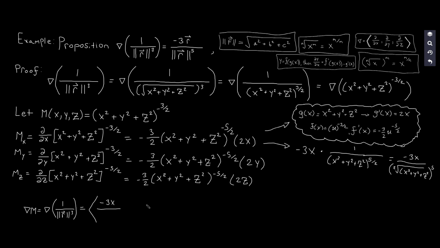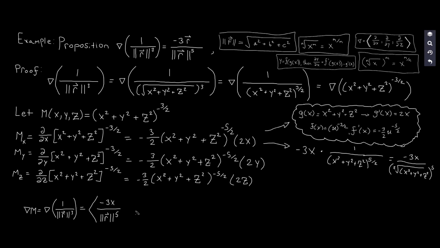For us it's vector r, but instead of being raised to the third power, it's now raised to the fifth power. I'm saying that this inside of the parentheses here is the same thing as vector r, so I can say that this is going to be the magnitude of vector r raised to the fifth power.